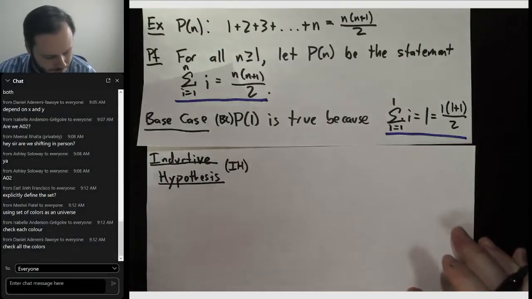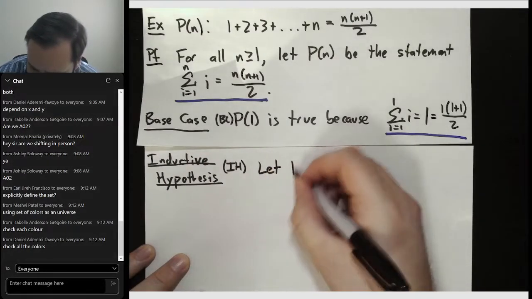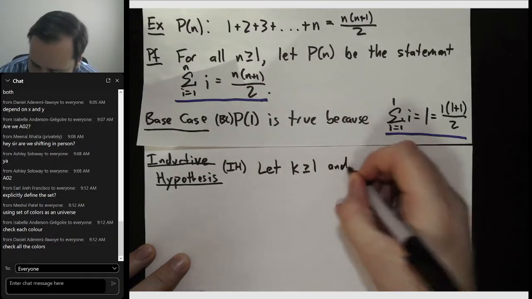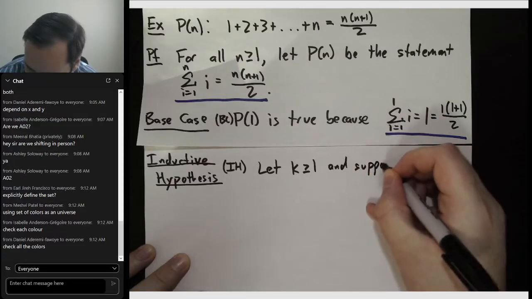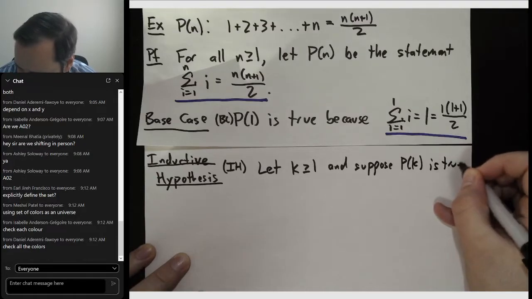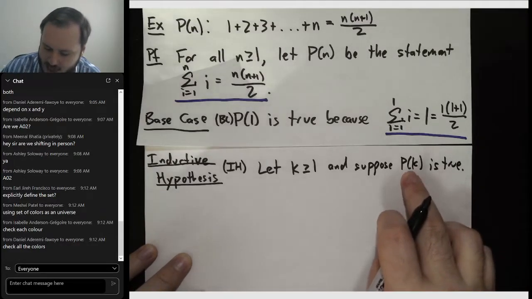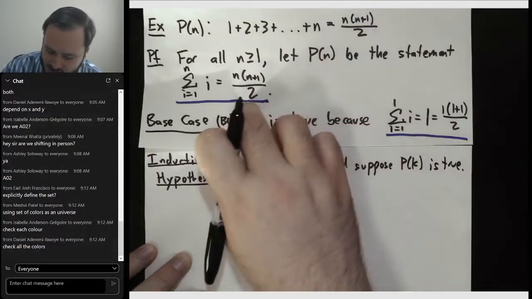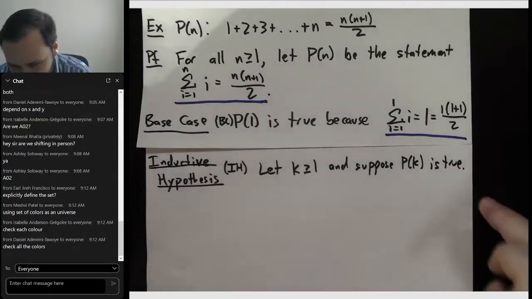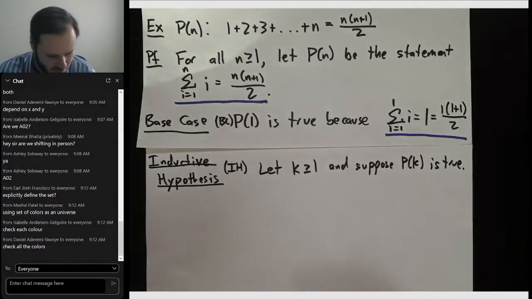That's okay. Let k greater than or equal to 1 and suppose P of k is true. If you wanted to substitute k into your statement here, that'd be fine. If you just want to say P of k, that's fine. But this is an important line. None of it is underlined in blue. All of it has to show up every time.